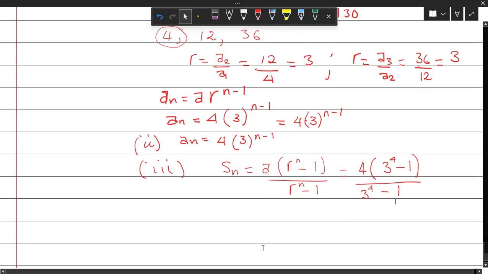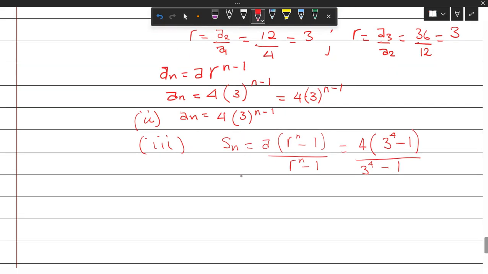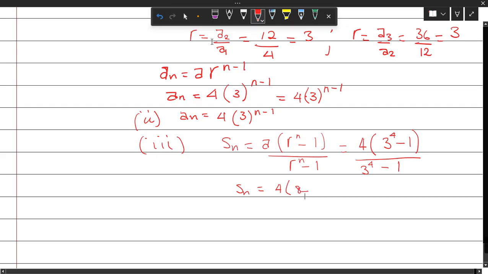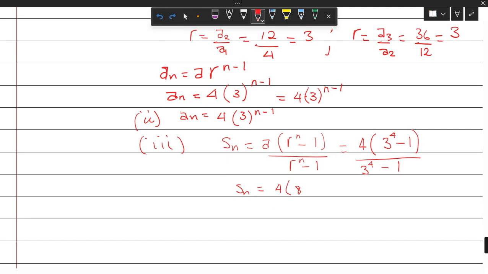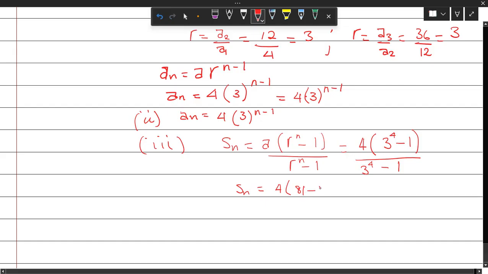Okay, so continue solving. So Sn equals 4 multiplied by 3 to the power 4, and 3 to the power 4 is 81, minus 1.